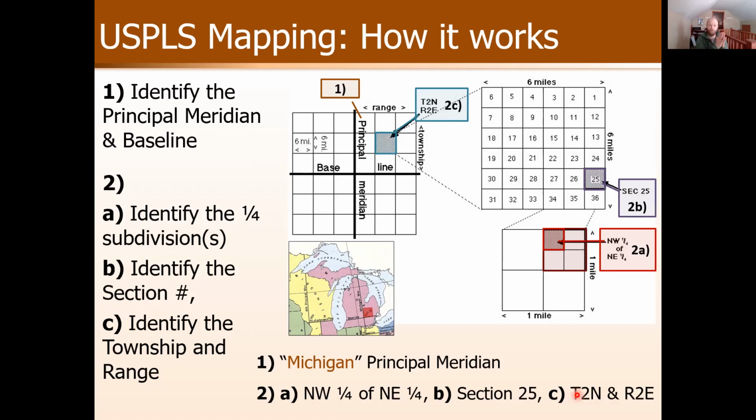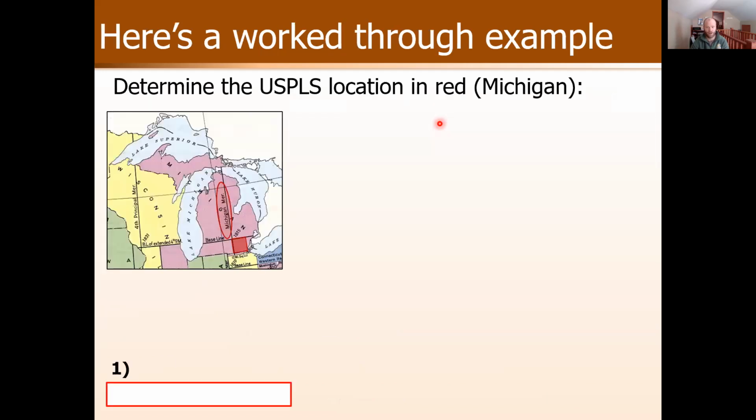So they're fully worked through, at least for this singular example: the Michigan meridian, the lowest quarter subdivision quadrants, and here your section and your township and range.